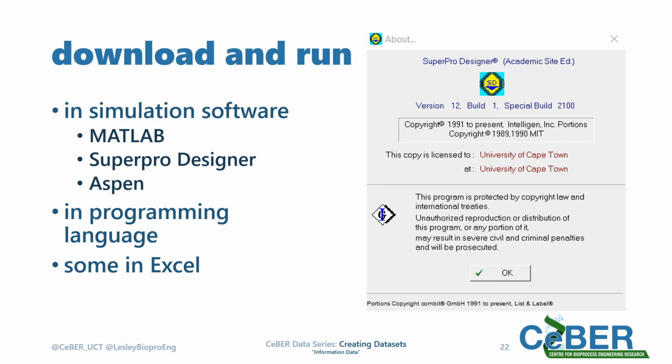And of course, we do also make some models in the simpler form of Excel. So whatever software you've used, you must upload your model in a form that can be downloaded and run.